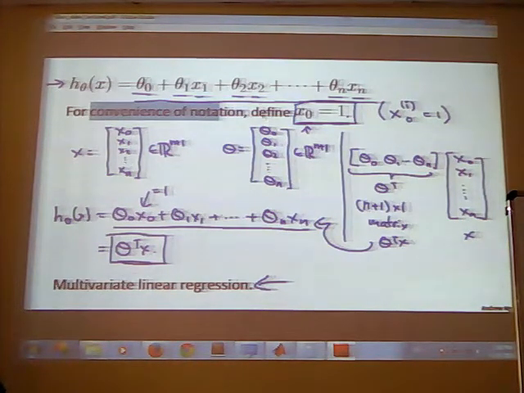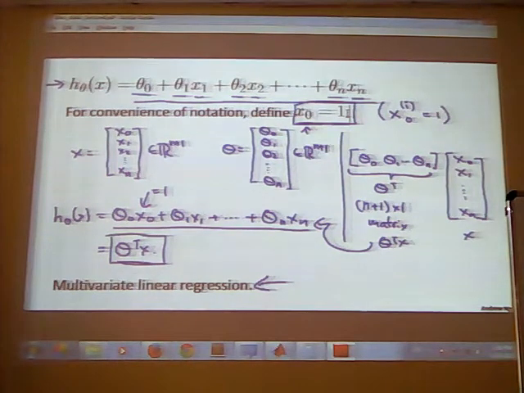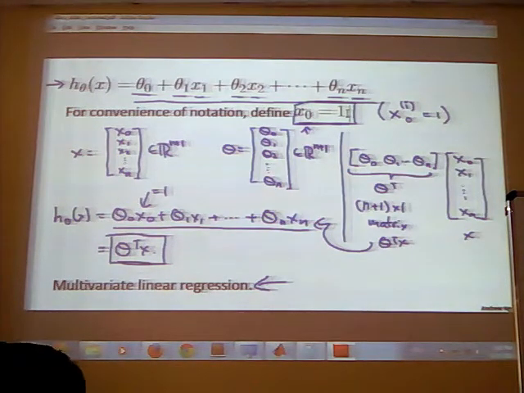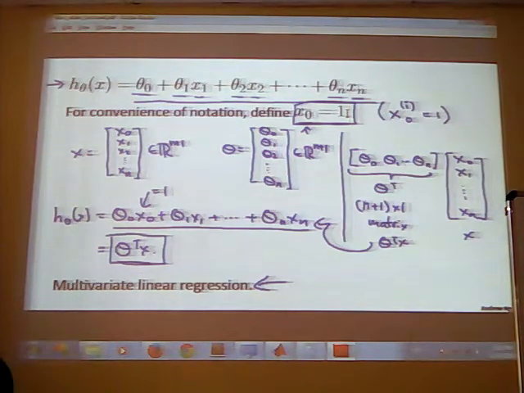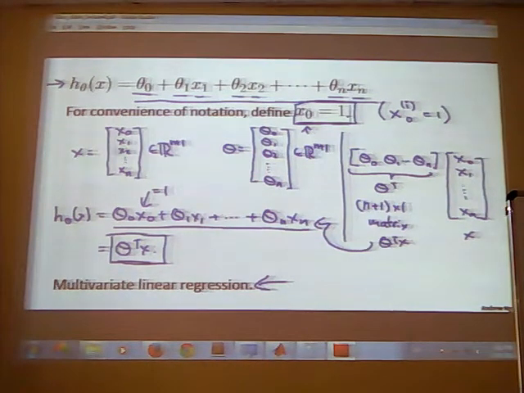For convenience of notation we use x0 equals 1, because while doing the programming we will be representing these features in terms of vectors and matrices. So we need a convenient notation in order to solve those programming calculations. So capital X represents a vector which is n plus 1 dimensional.